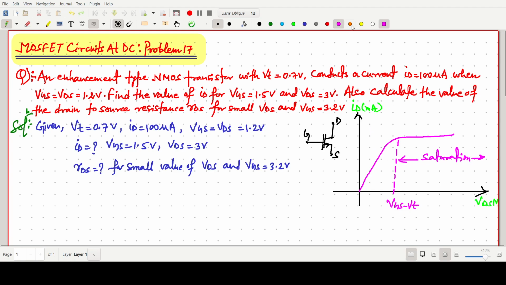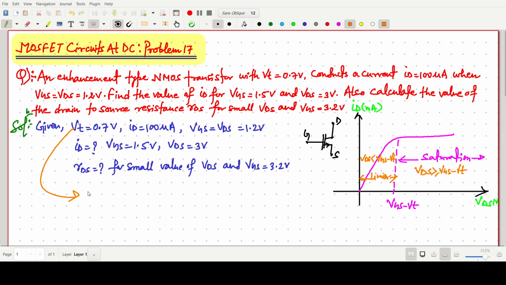In every problem I draw this diagram. For the saturation region, VDS should be greater than or equal to VGS minus VT. For the linear region, VDS should be less than VGS minus VT, that we have to know.